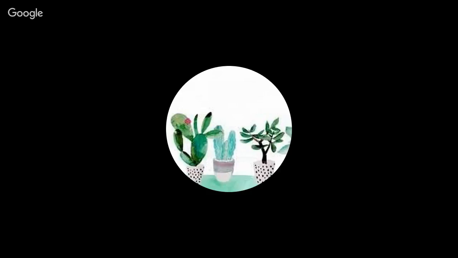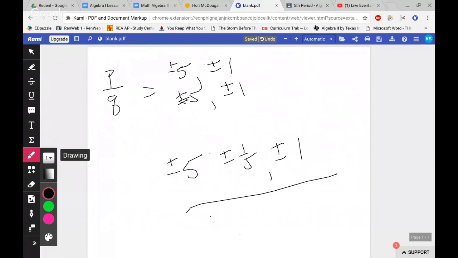So on number 50, the P and the Q are 1 and 3 and 1. So all of your possibilities are going to be ±1 and ±1/3. Does that make sense?